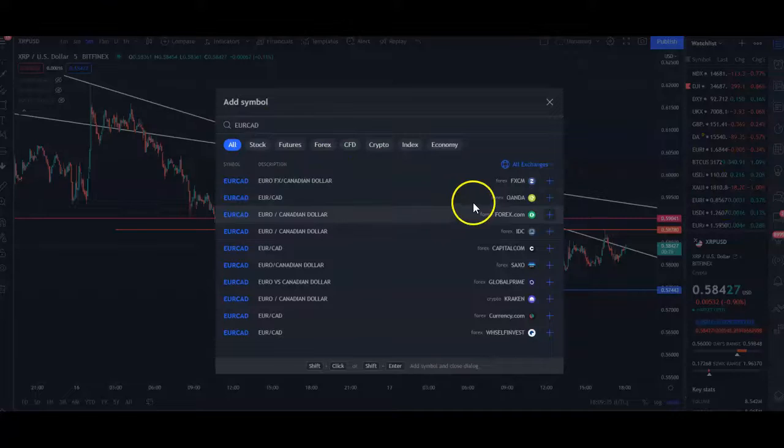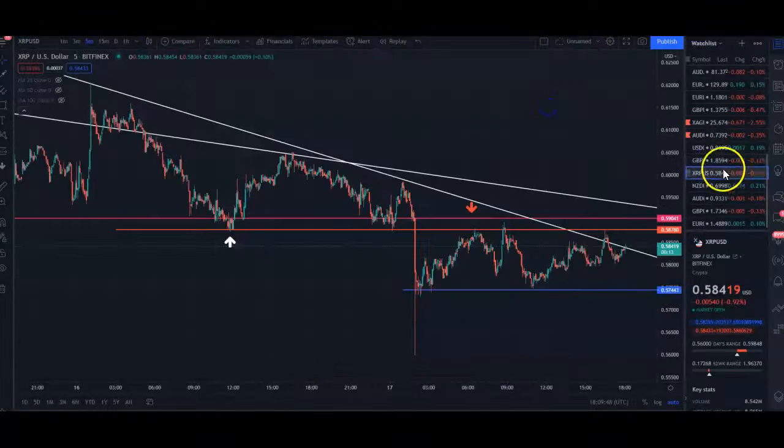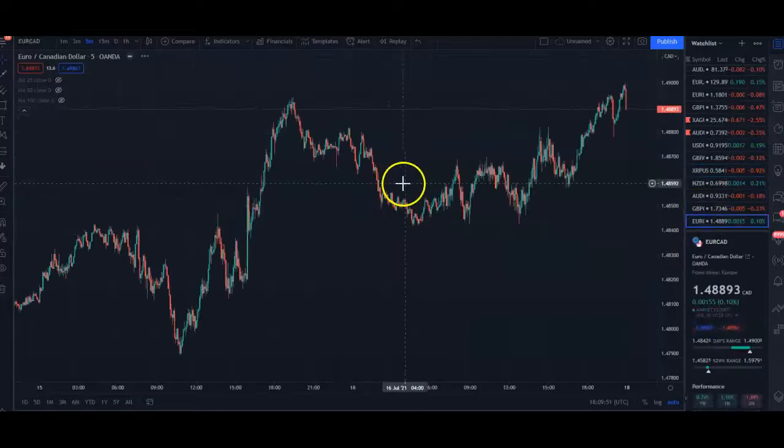But guys, I'm going to stick to Oanda for binary because I believe it's the closest to the broker. So I'm changing all my pairs to Oanda. So I just click on it and boom, as you can see, it comes down and I'm at EuroCAD. EuroCAD will be here at the bottom.